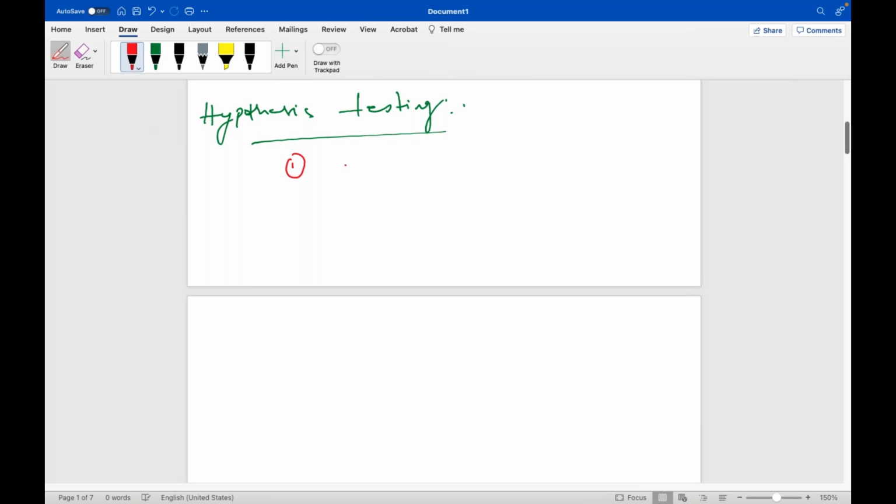One is the null hypothesis and the second one is the alternate hypothesis. The null hypothesis we can consider as H0, and the alternate hypothesis as H1.